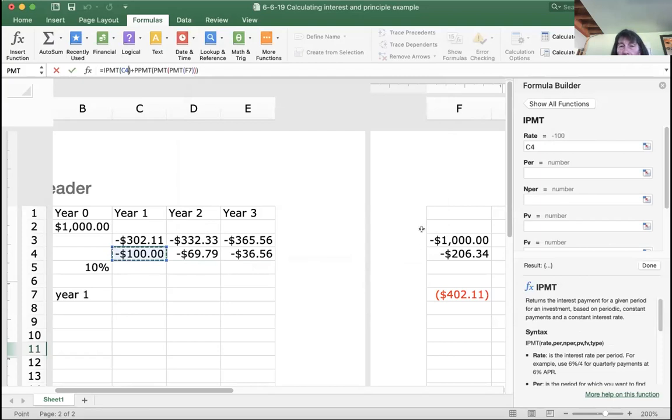So I've added them up, and the principal payments come to 1,000, and the interest payments come to 206. And I figured them out using the IPMT formula for this one, the PPMT formula for this one, and the PMT formula for this one. So that's kind of what went on.